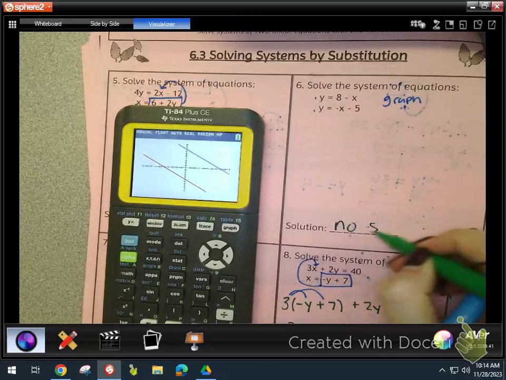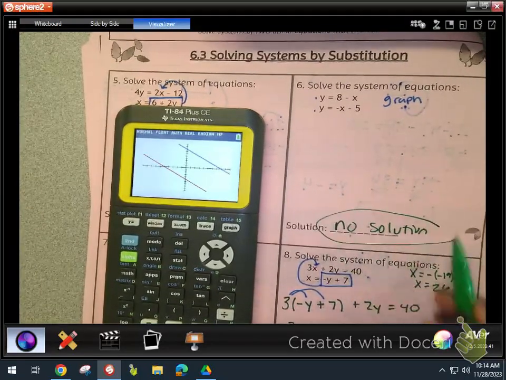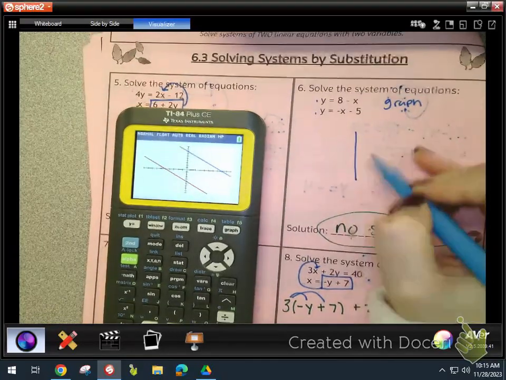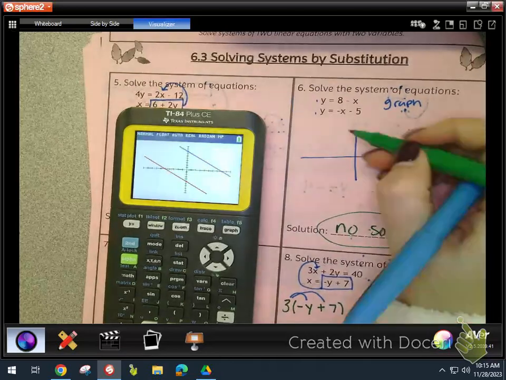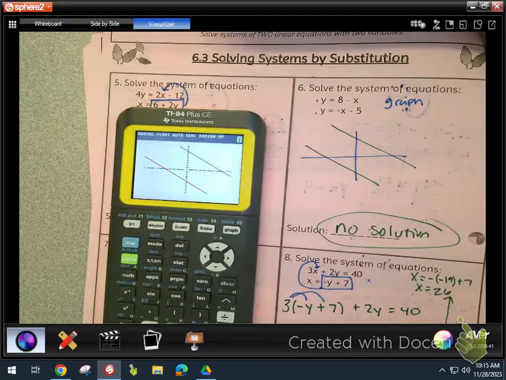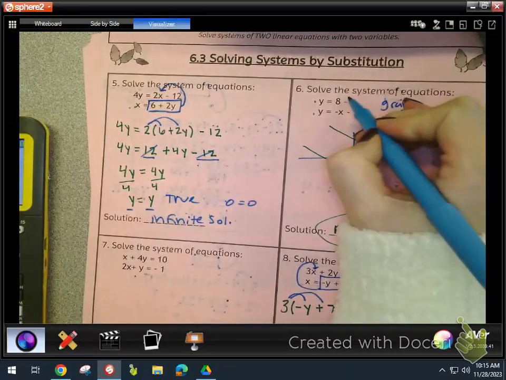Why is there no solution? Because they're parallel and they don't touch. They never intersect. Now, when you get to the upper level, the level that I'm at, I didn't have to graph because I already knew the slope of the first one is -1.